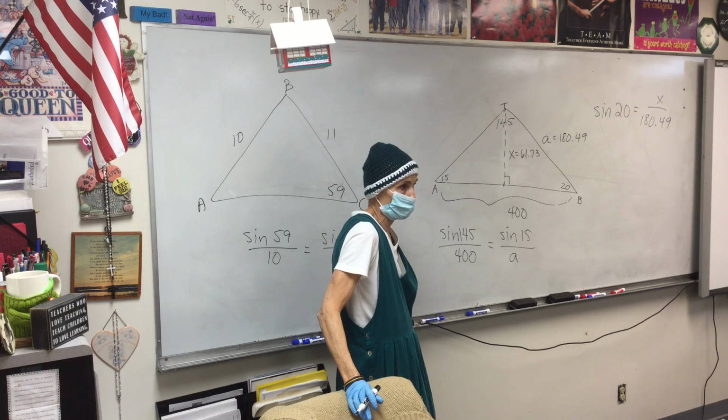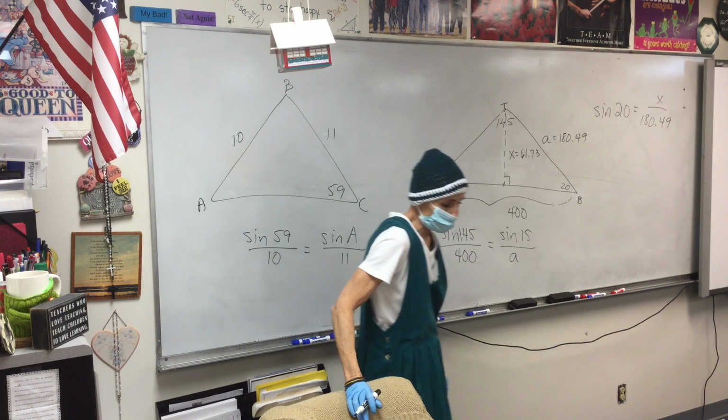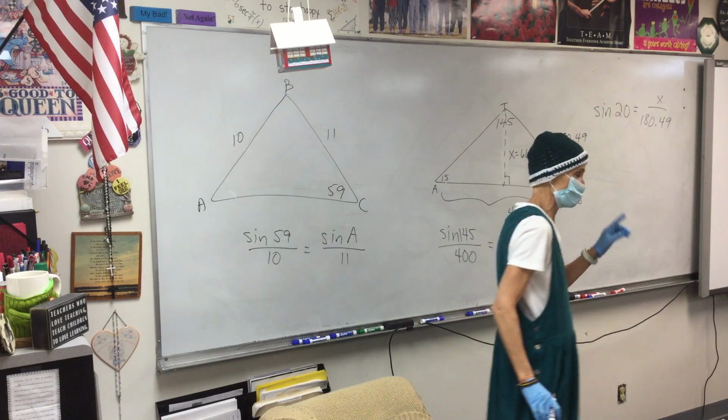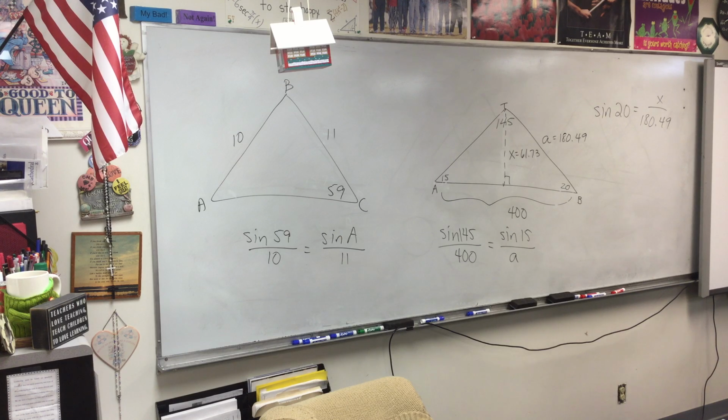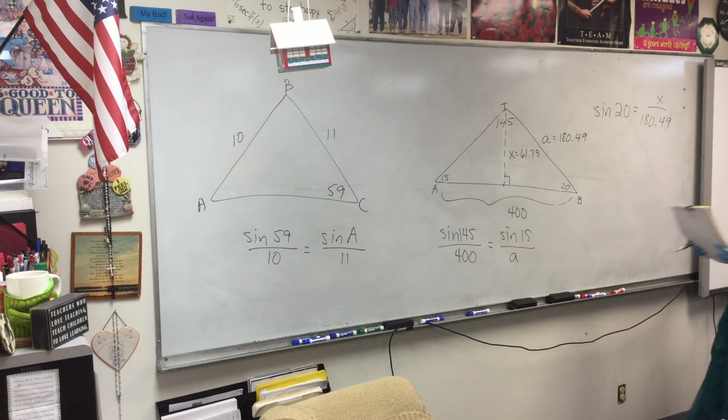Are we good? Okay, I'm gonna let you go ahead and get started then, but here's the deal. If it says solve the triangle, find everything. If it says how many triangles are possible, 0, 1, or 2, that's all you have to do. Okay? So I'll give you your homework. It's actually in school with you, but I'll go ahead and write it down for you since you're here.